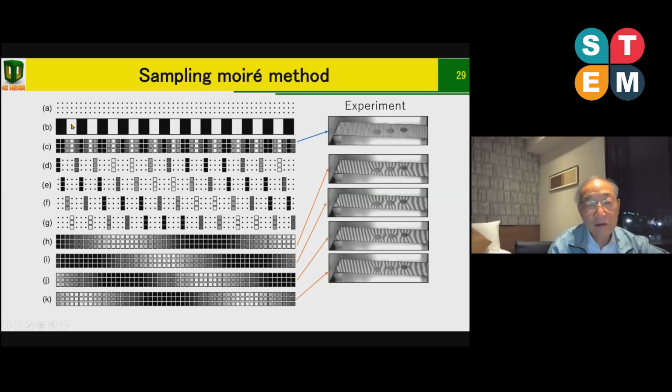So the grating is recorded by this digital camera. This point shows the center of the pixel point. Then we can obtain this digital image.